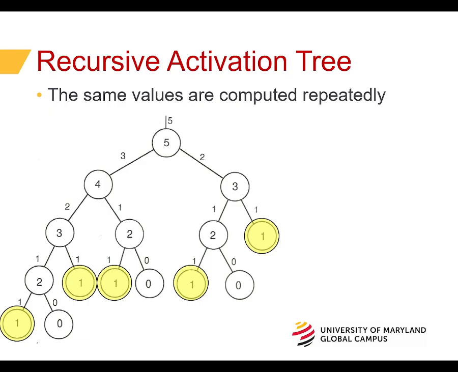Notice in particular how many times the method is called with n equal to 1. The amount of time required is proportional to the number of nodes in this tree, which grows exponentially. It is important to understand that although recursion can simplify problems, such solutions can be inefficient if we're not careful.